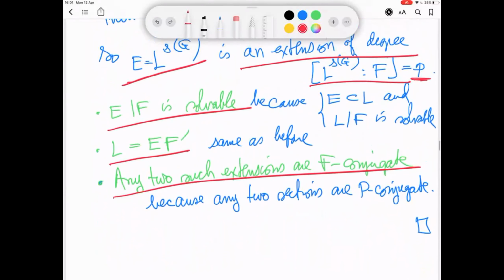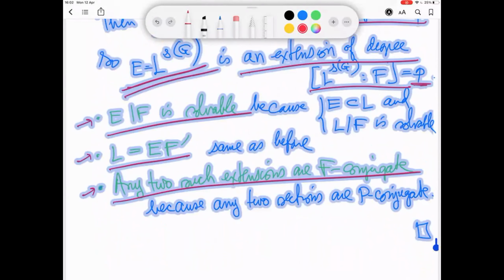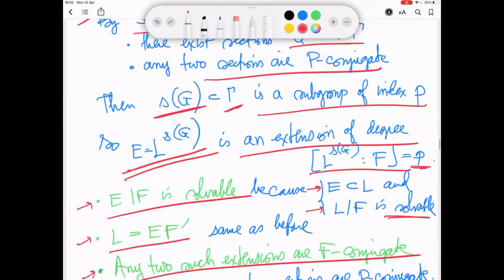Right? We have to produce an E having these three properties. We have produced the E, but now it's easy to verify that it has these properties. For example, why is E soluble? Because E is contained in L, and L over F is soluble. Why is L over F soluble?